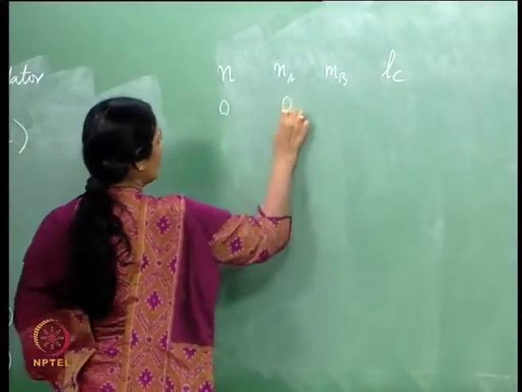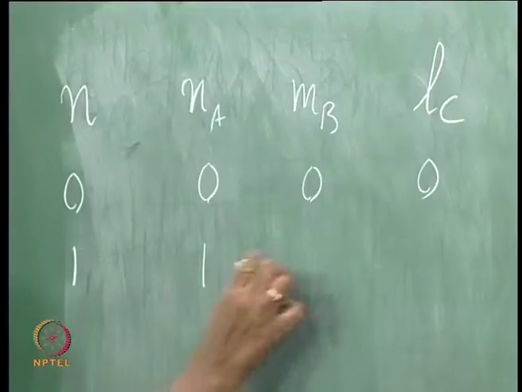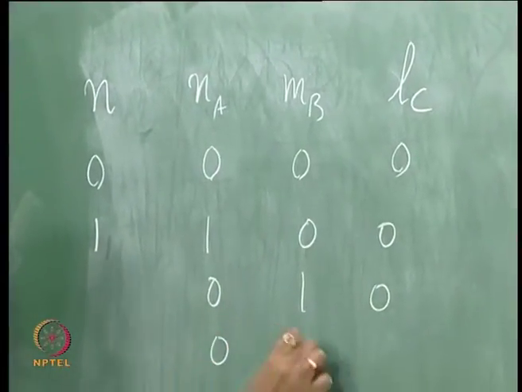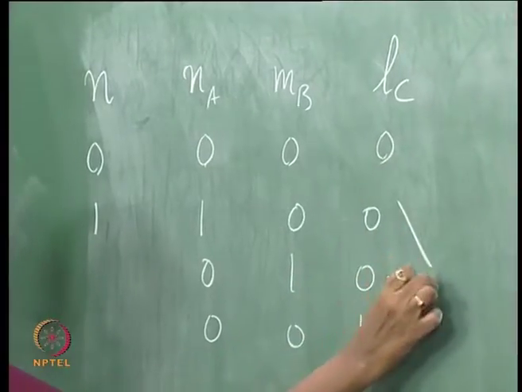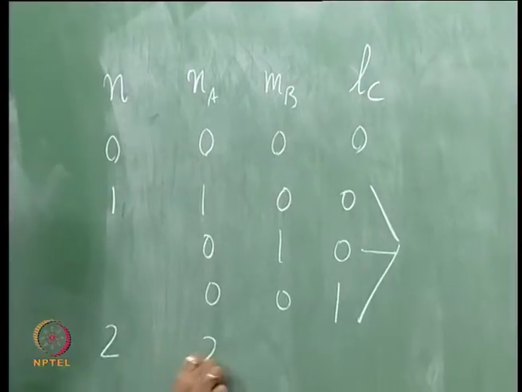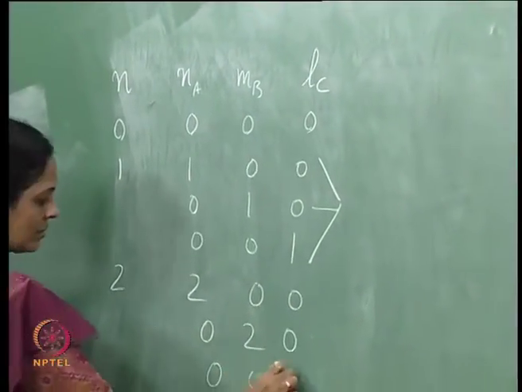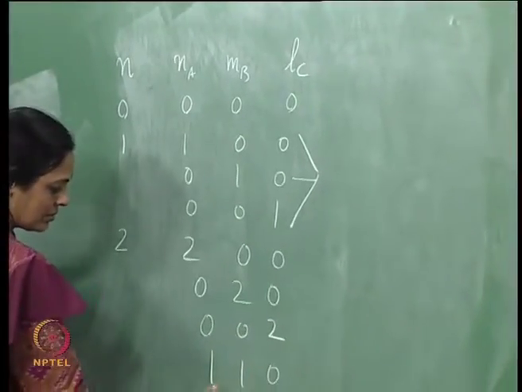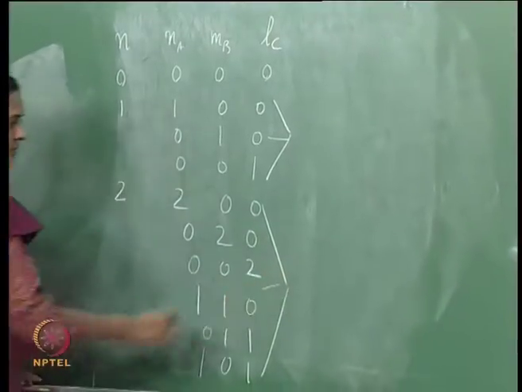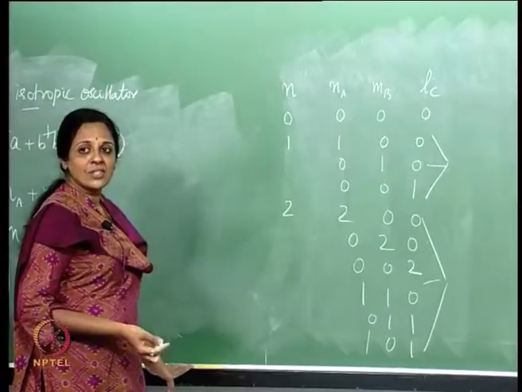When n is 0, they are all 0. When n is 1, I have the following three possibilities. All these correspond to n is 1. When n is 2, I have these 6 possibilities, and so on. It is pretty clear what is the extent of degeneracy.